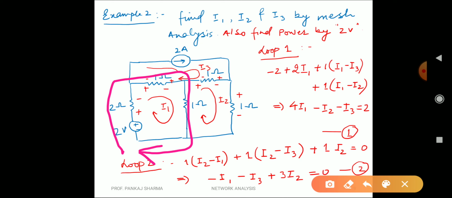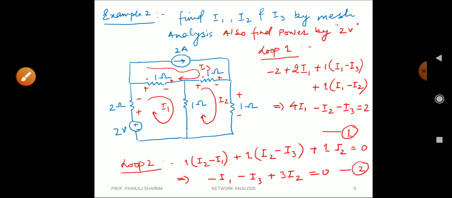For loop number 1, minus 2 plus 2 I1 plus resistance value 1 into I1 minus I3 plus 1 into I1 minus I2. Solve this, you will get 4 I1 minus I2 minus I3 is equal to 2. Call it equation number 1.